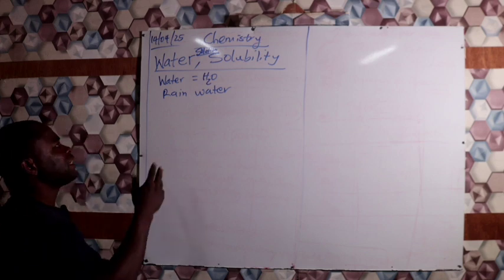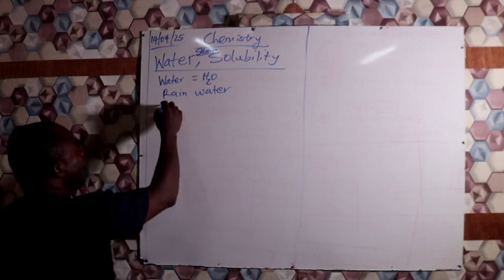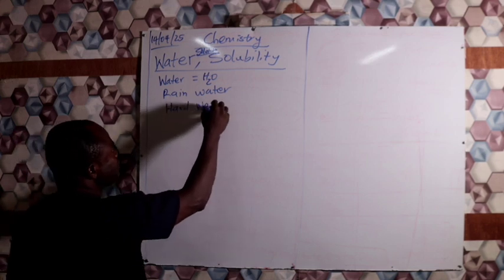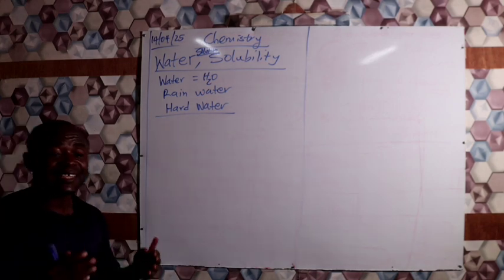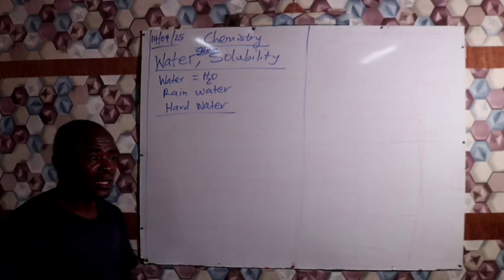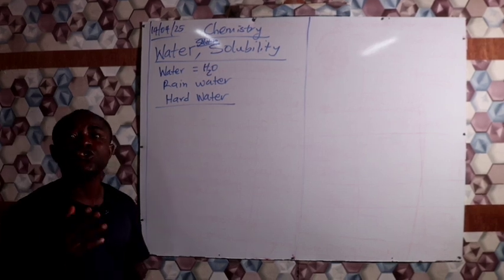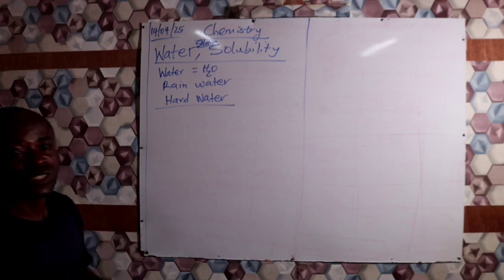All right. Now, in water also, we consider what we call hard water, or hardness of water, okay? When water does not easily form lather with soap, we say water is hard. So we call it hard water.